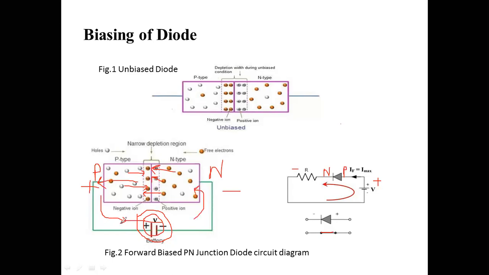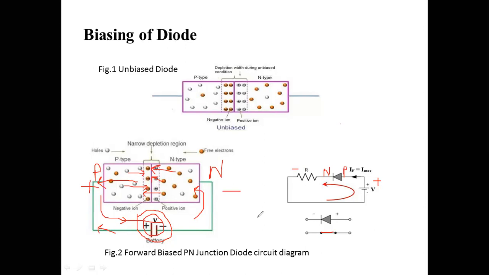This is the electron flow direction, and what is the current direction? The current direction is exactly opposite to the electron flow. Conventional current flow is always considered opposite to electron flow. Electrons are flowing this side, therefore current flows exactly opposite to that.